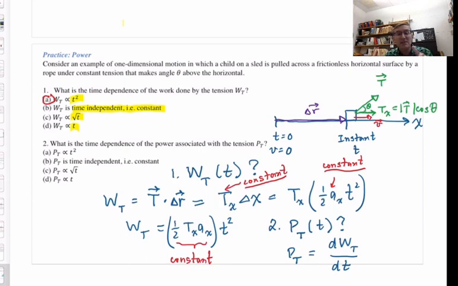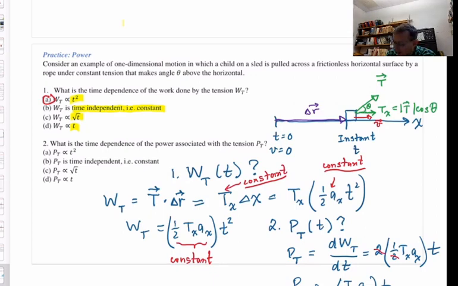A constant times little t squared gives 2 times the constant times little t to the 1 power. So this is 2 times 1/2 capital T sub x, a sub x, little t. The 2 and the 1/2 cancel. If you want to simplify that, you're welcome to do so. And you just get capital T sub x, a sub x, times little t, where this stuff right here is a constant.